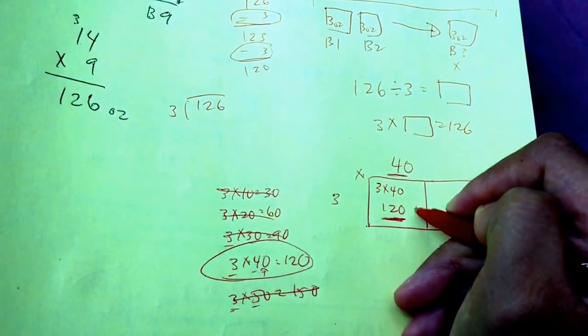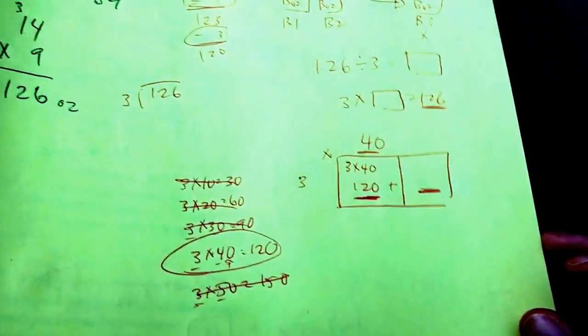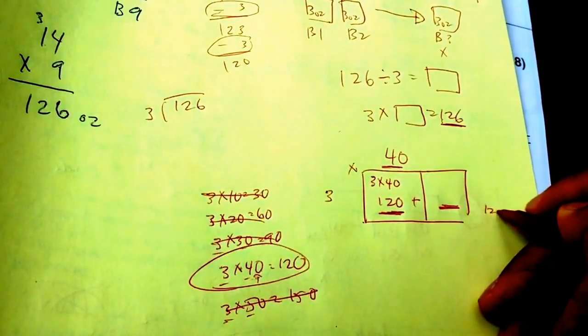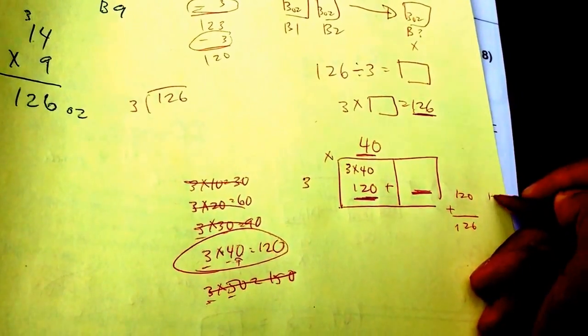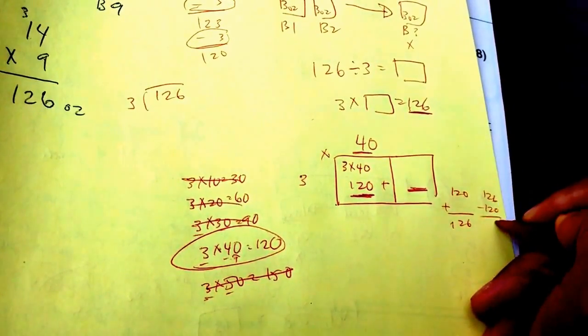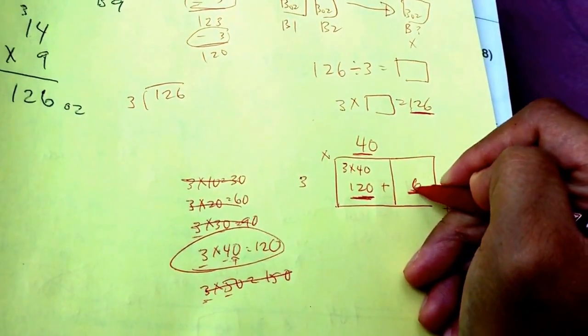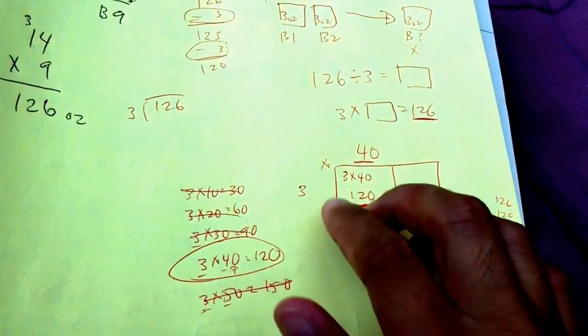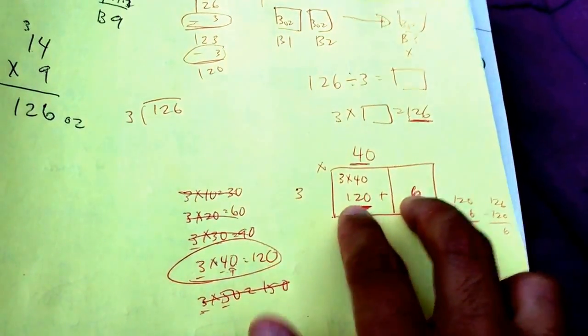This number plus this number needs to equal this number. So 120 plus what equals 126, or 126 minus 120 equals 6. So this is 6. Keep in mind, 3 times whatever this is has to equal 126.